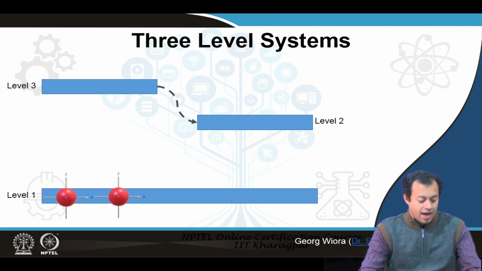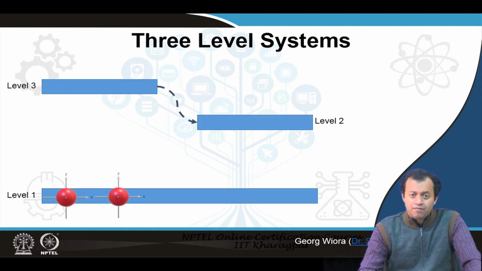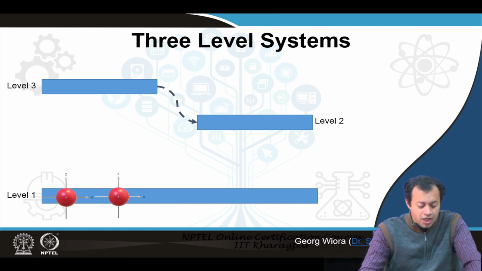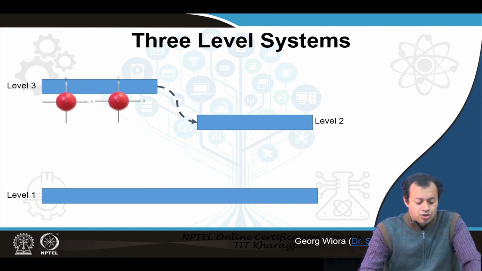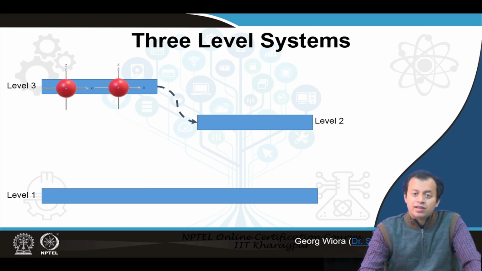So, let us see what happens. Upon intervention by a light, a photon, an energy, the level 1 electrons go on to level 3, because you have given energy of this proportion.